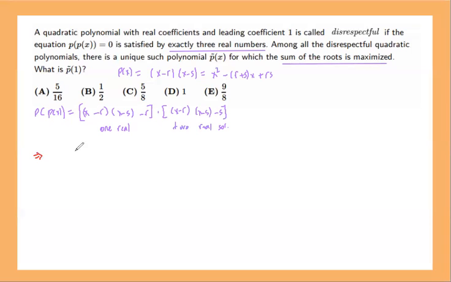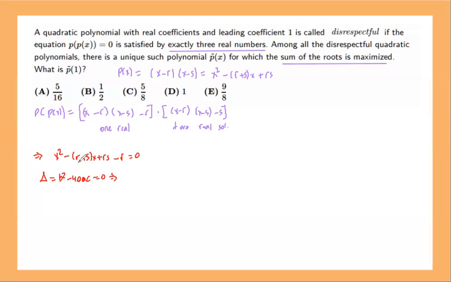From there, if I expand this one, which I already did, it is x squared minus the quantity r plus s times x, plus rs, then plus rx and minus r, and this is the quadratic. The discriminant of this has to be 0 if it has one real solution. So the discriminant is b squared minus 4ac, and this has to be 0.